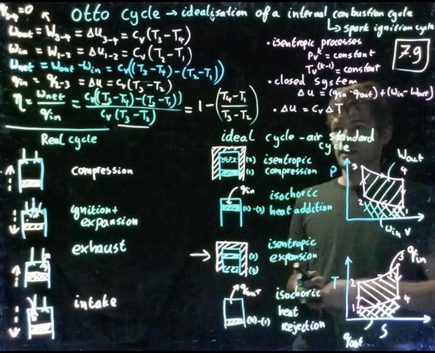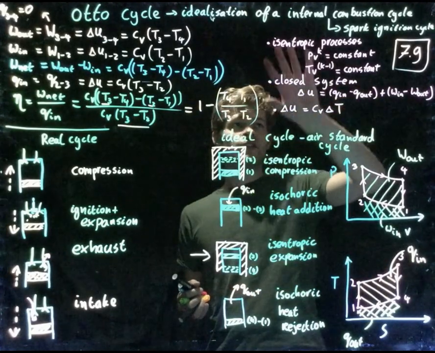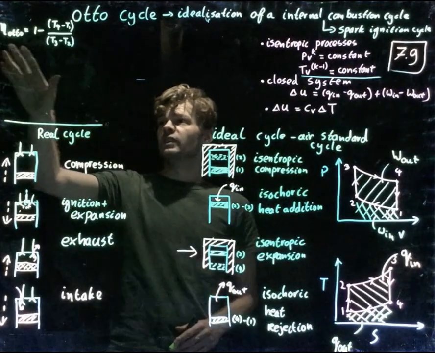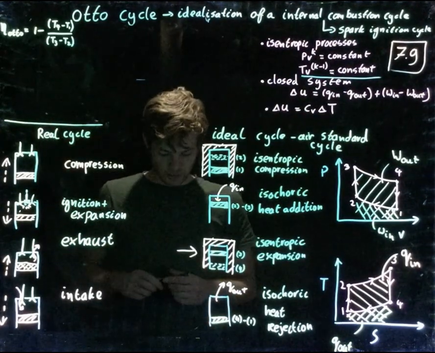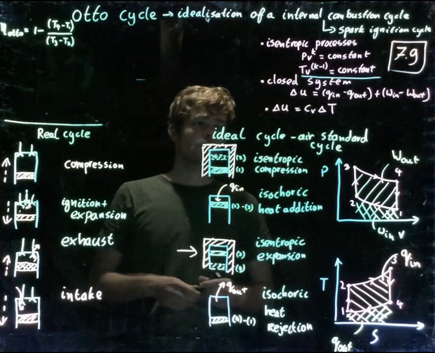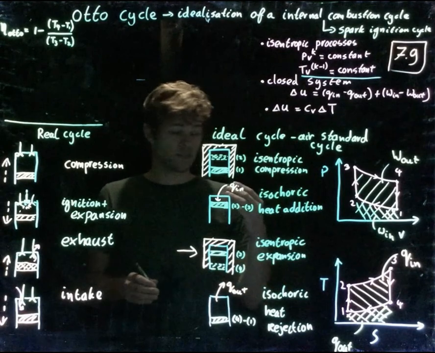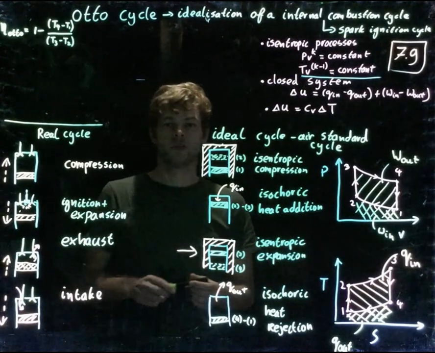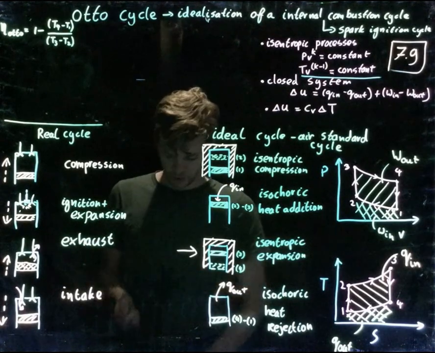And using these relations of the isentropic process, I can rewrite this again. From this relation of the efficiency of the Otto cycle, and combine this with the relation for the isentropic processes. Since we know something more about the cycle, we can combine this into a very useful equation for the Otto cycle.